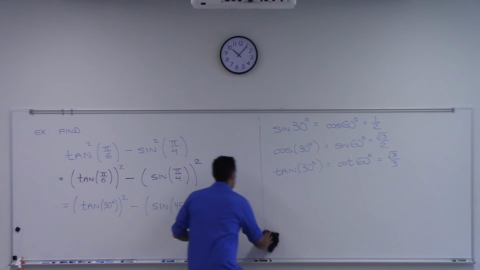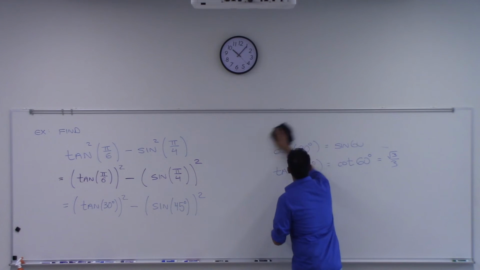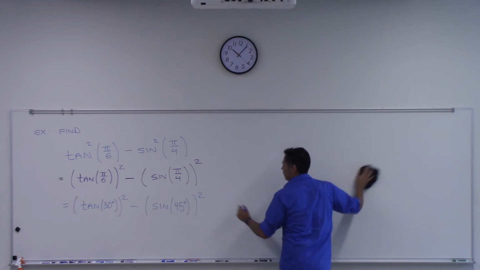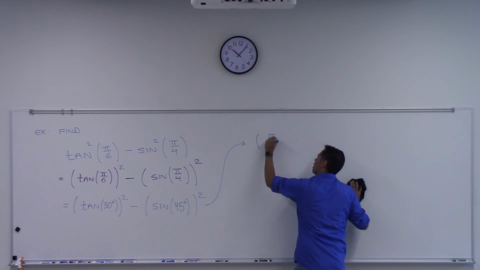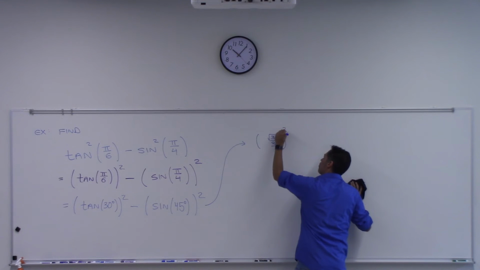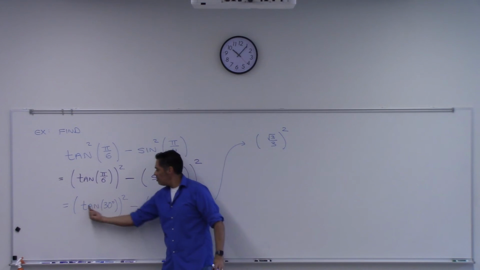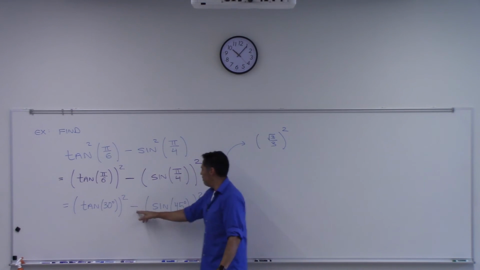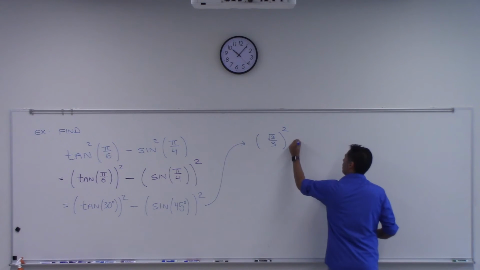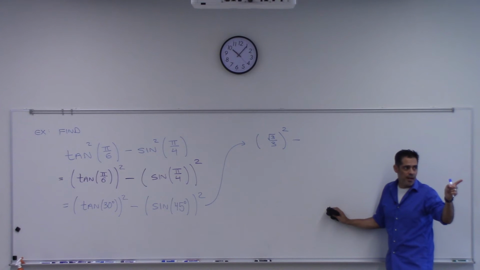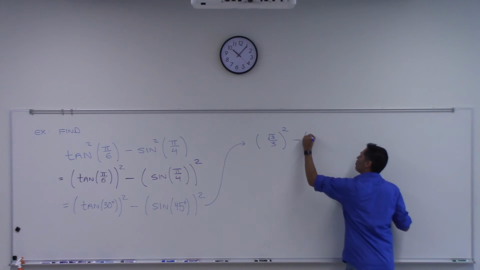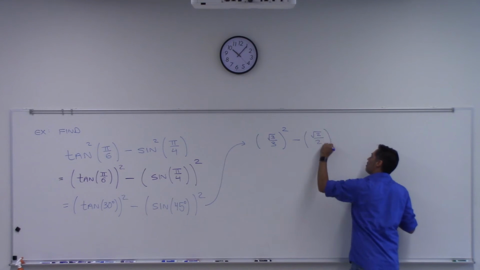So this becomes the square root of 3 over 3, but we still have to square it. So it's tangent of 30, and then we square it. Then minus, what's sine of 45? Square root of 2 over 2, but then we still have to square that.